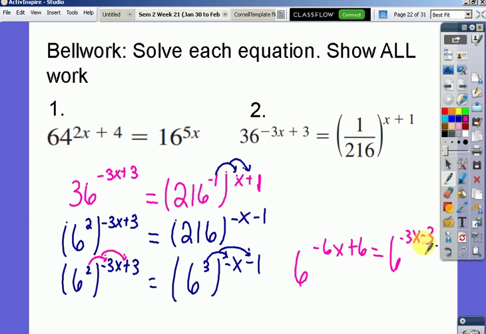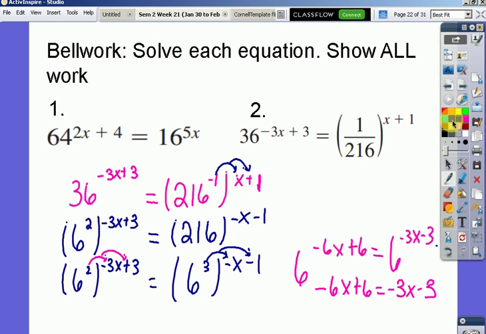Now the bases are the same, everything's been distributed, so we understand everything up until this point. Okay? And then we just set them equal to each other. So, negative 6x plus 6 equals negative 3x minus 3.